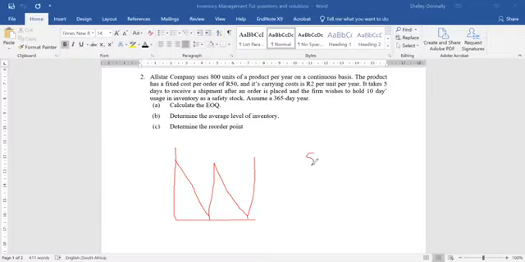If they use 800 in a year, we'll divide by 365 days, and you get their daily usage, okay? And then you multiply that by 10 to get 10 days worth of stock.